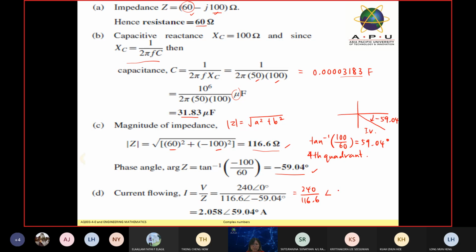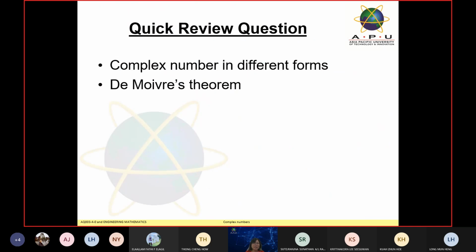For the angle, you take 0 degree minus negative 59.04, so negative negative becomes plus, so 59.04. Then 240 divided by 116.6 gives 2.058. This is the angle, current flowing in amperes. So this is the answer, and we have done.